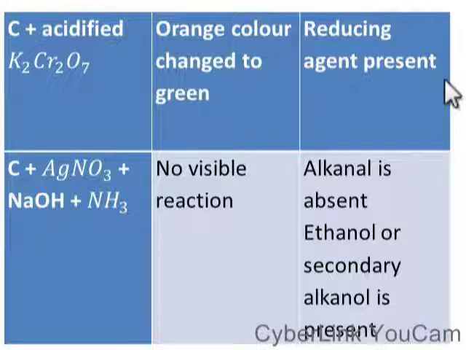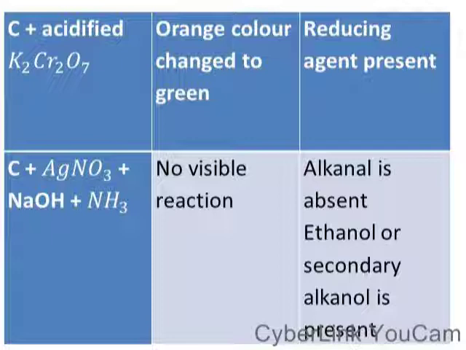It shows that a reducing agent is present. Now, when you take some quantity of C, plus AgNO3, plus NaOH, there is no visible reaction. It shows that an alkanal is absent. Obviously, alkanal is absent. Ethanol is present.